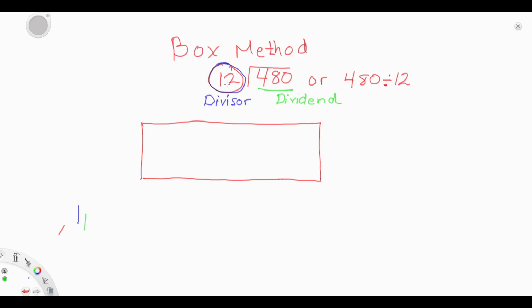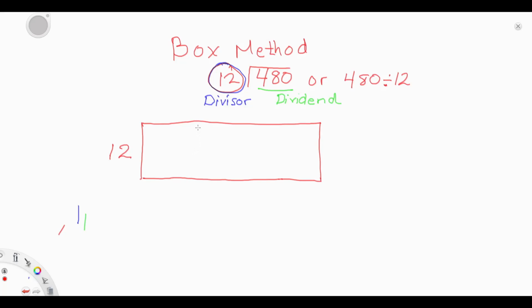Now, to actually do that takes a lot of work. That's why we are doing the math. All right, so I'm going to go back to my original color, which is red. And I'm going to put the divisor here on the side. My divisor is 12.